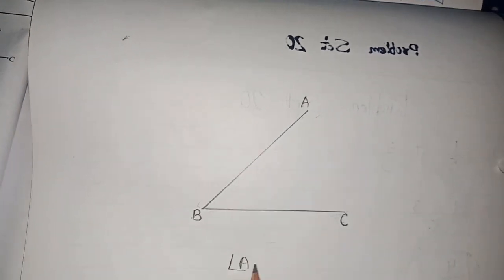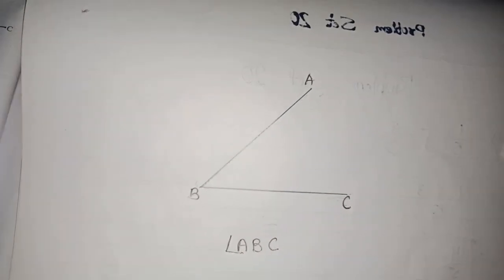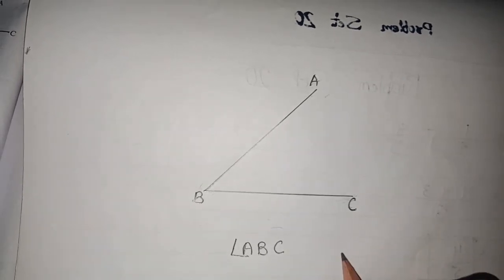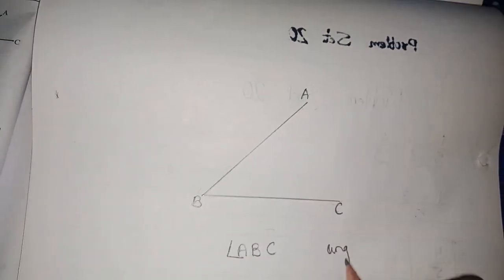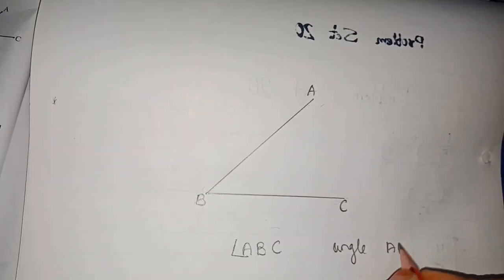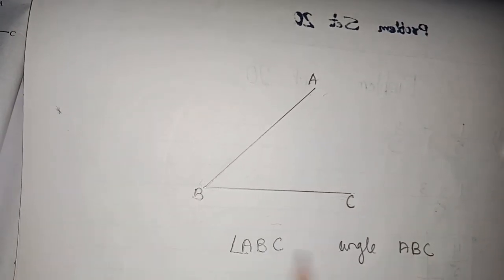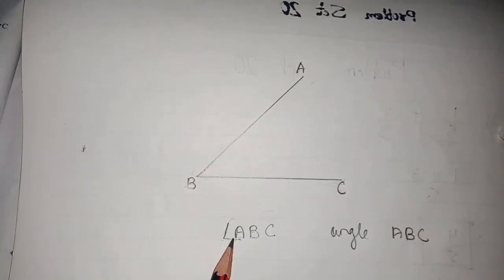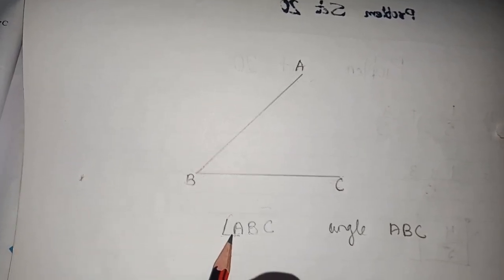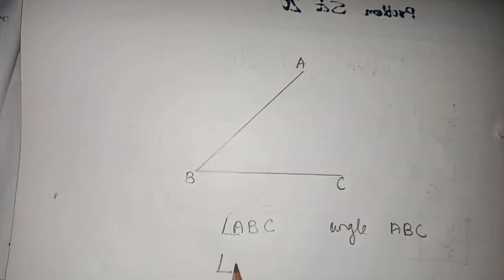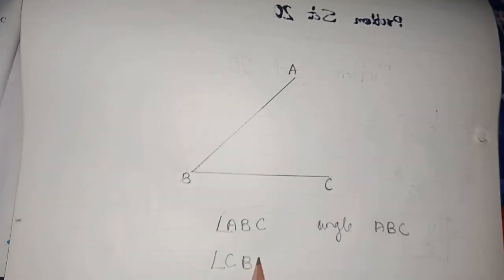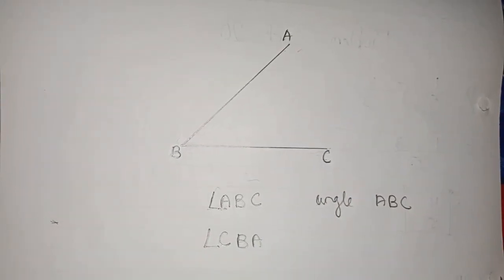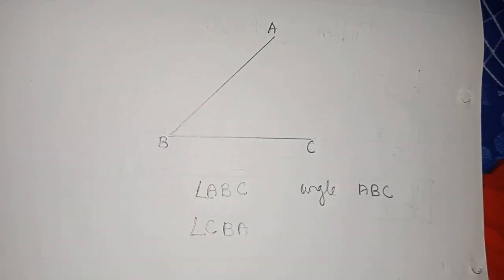Angle ABC. Instead of writing angle ABC, we write it with the angle symbol like this. We can also say angle CBA. Understood?